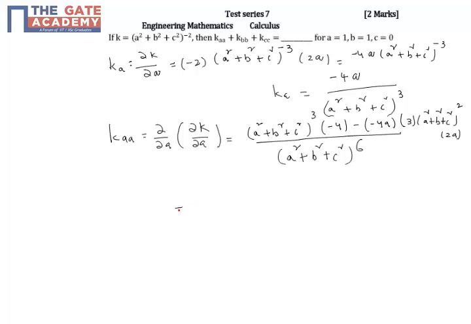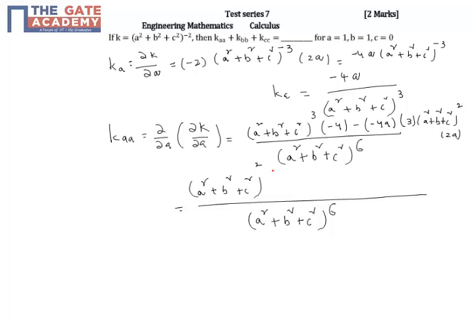So finally this is equal to (A square plus B square plus C square) whole power 6. So here cube is there and here square is there. So overall I can take (A square plus B square plus C square) whole square as common. If I take this as common, what will be the value here?